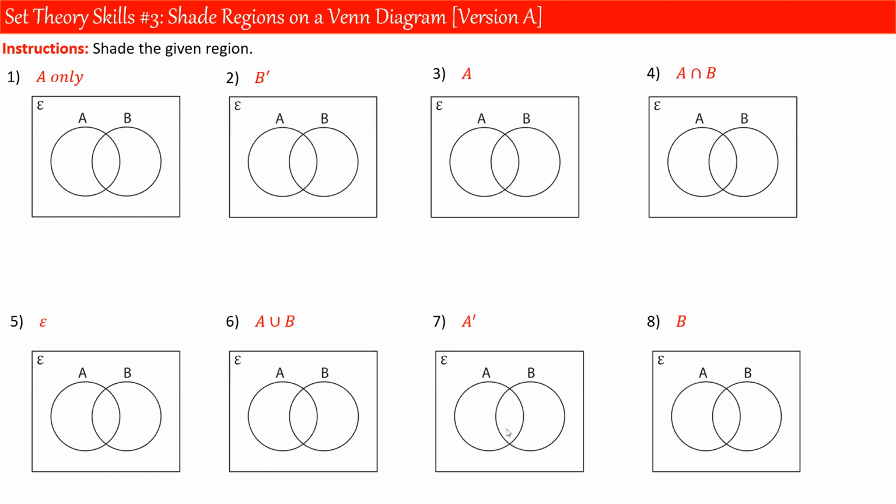Yes, sir. Okay. Number 1, like I said, you know what to do with that. Number 2 is right. Number 3 is A, that's good. Number 4 is intersection, that's right. Number 5 is wrong. Number 5, you want shading none? Yeah, number 5 is wrong. And number 6, everything else is right.